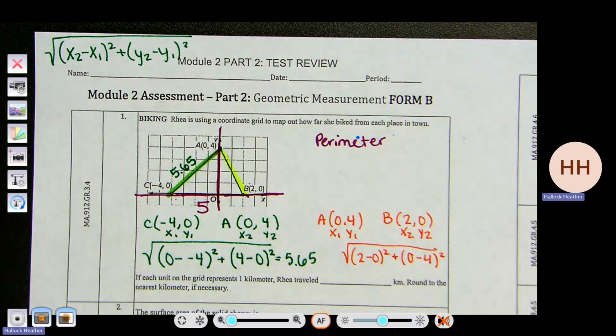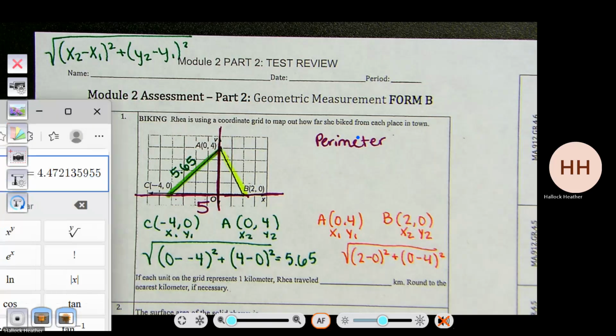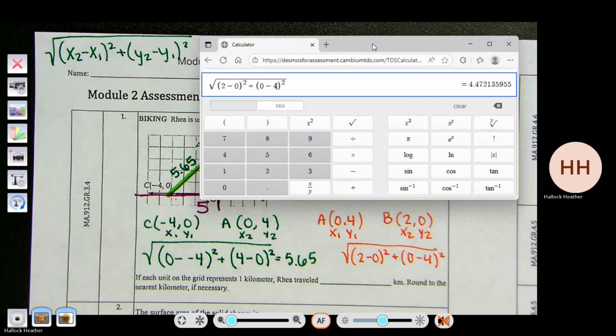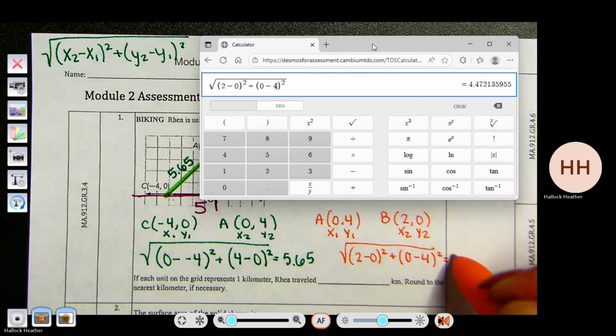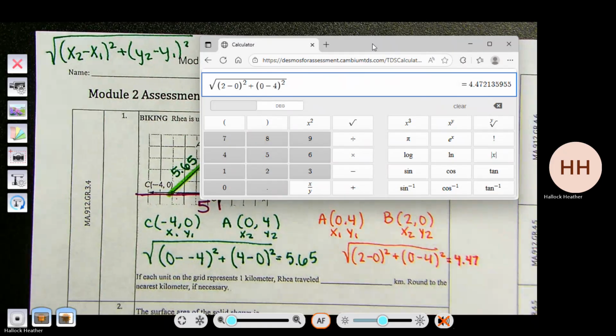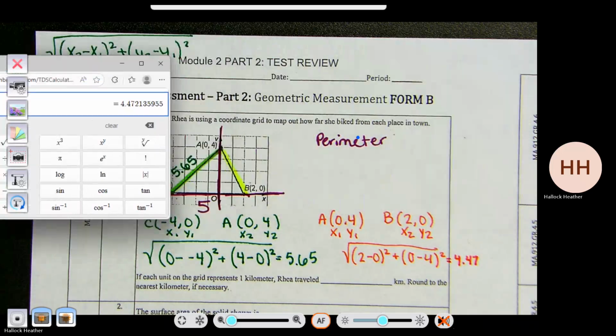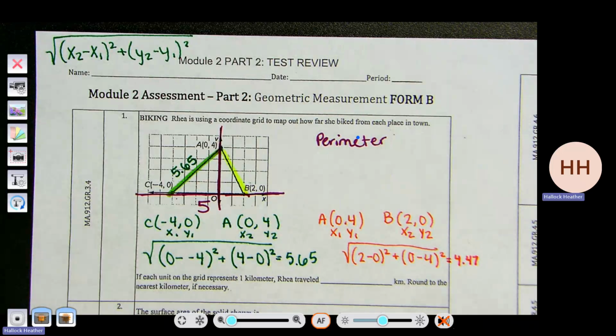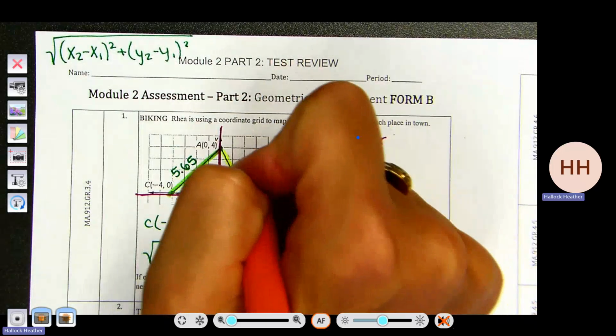I'm going to type this into Desmos. So I get 4.47. And then if I put that on my picture, 4.47.